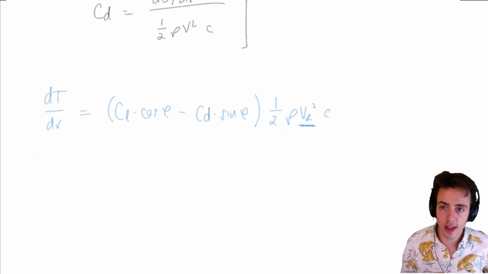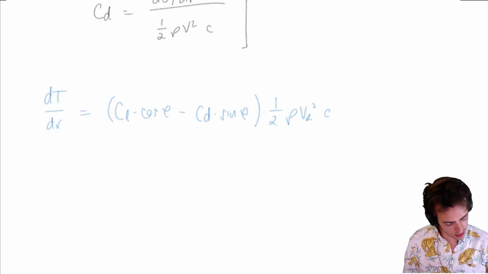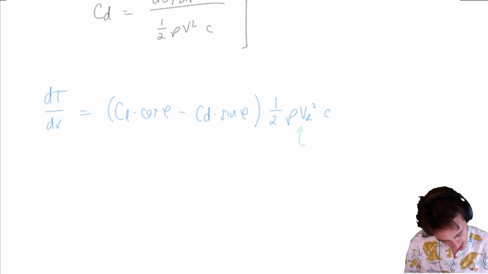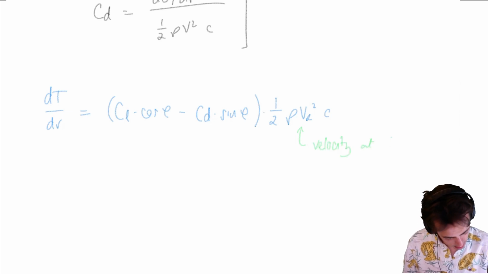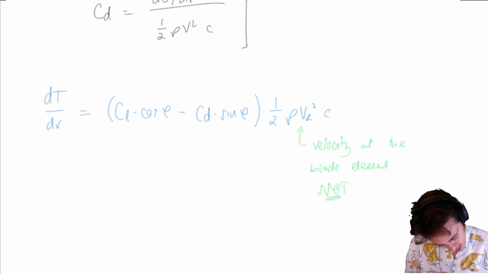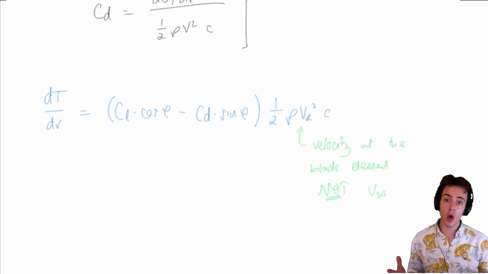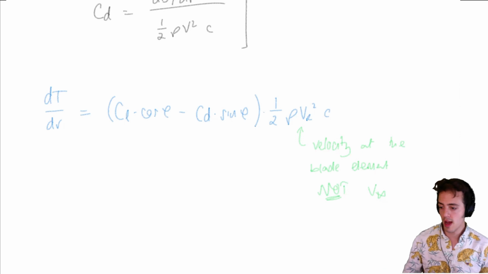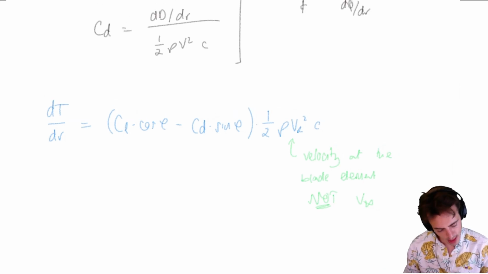Now, the velocity that I'm non-dimensionalizing by is the resultant velocity. It's important to note this one here. This is the velocity at the blade elements, and not V infinity. We don't know what VR is yet, but it's important to note that that's the one we non-dimensionalize by.